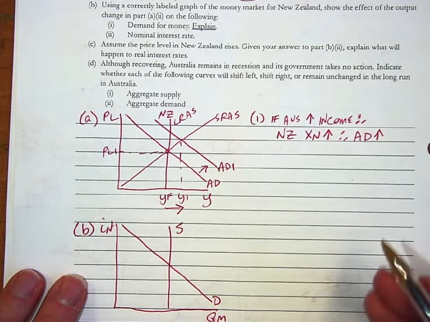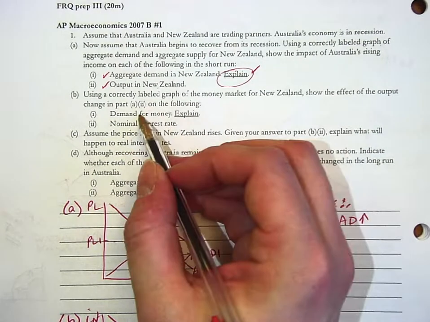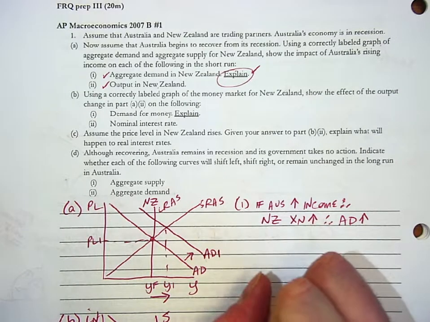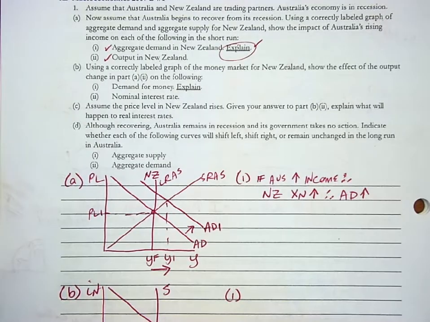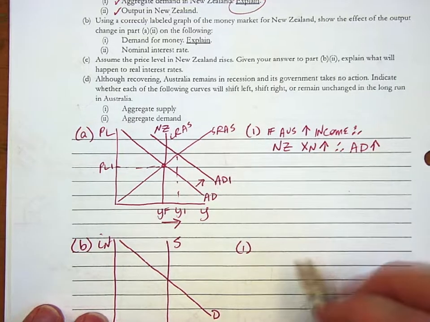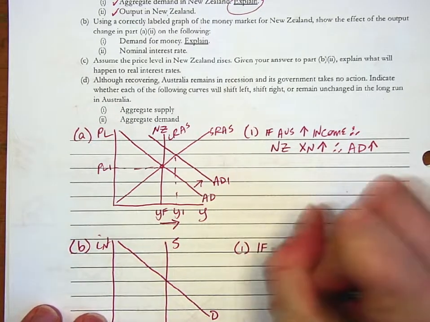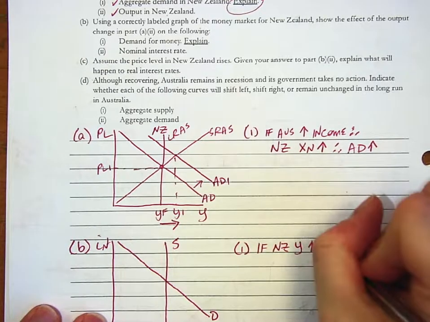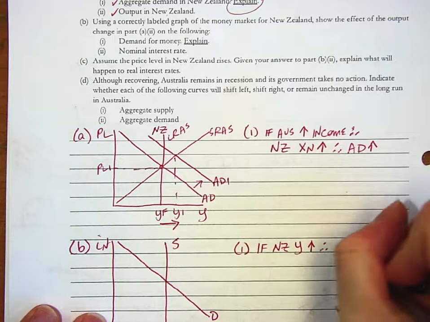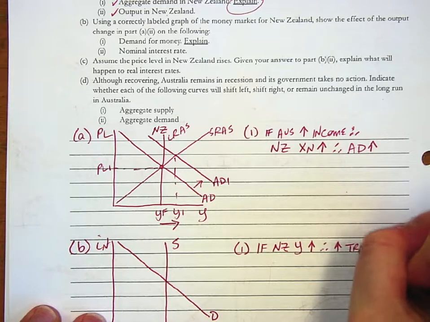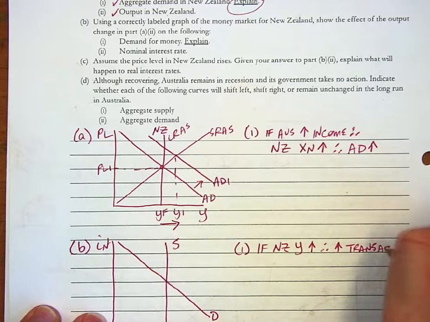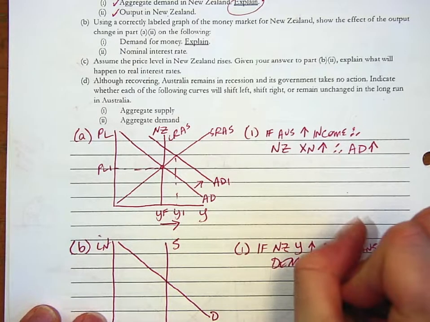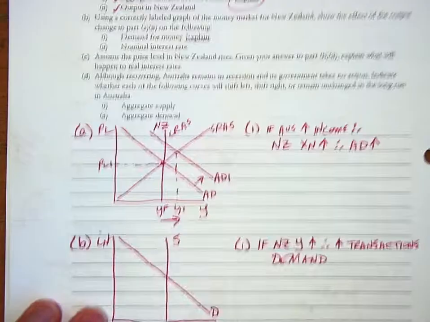So if they have more national income, and it says B1, demand for money, explain. So it's actually kind of keying us in. Look at the demand for money. What's going to happen there, and then explain that. If New Zealand's Y, their output, rises, then they increase the transactions demand, because you need more money to finance the transactions.